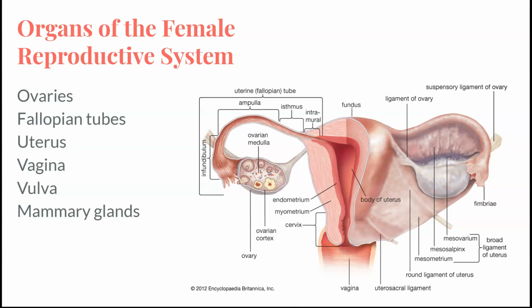This is what the female reproductive system looks like. You would also be wildly surprised and a little bit disappointed in realizing that there is a very large percentage of women who have no idea what their body does, what it looks like, or how it functions. It's America. Hashtag America.